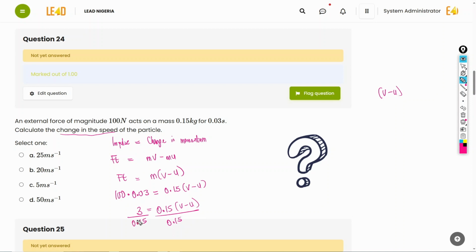That's 3 divided by 0.15, which gives you 20. So v minus u is equal to 20. Here's the thing: we really don't know what the initial or final velocity was, right? We just know that the velocity would have changed by 20.